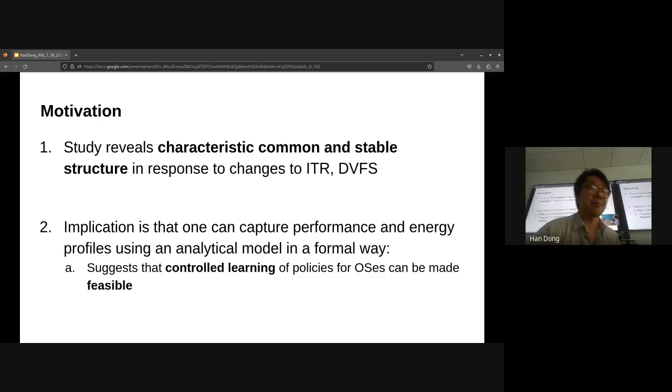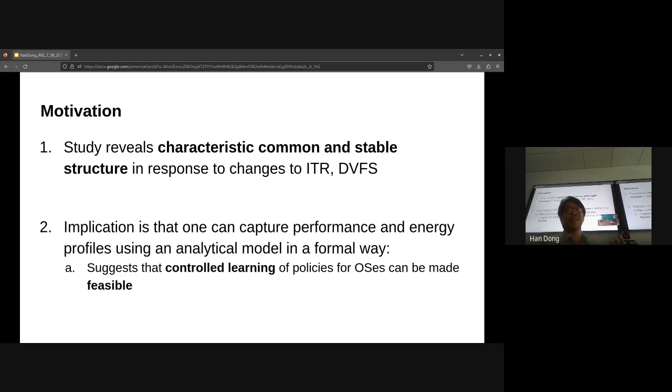We were motivated to do this because of the structure that we saw from the study that we did. And the implication here is that because you can model the data that you collected, you can leverage other techniques to perhaps discover structure in that data.